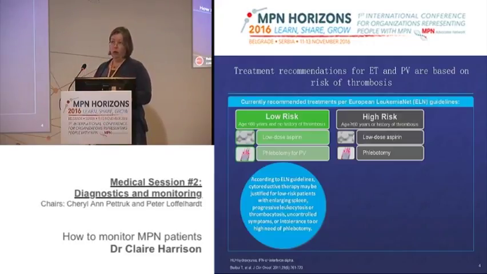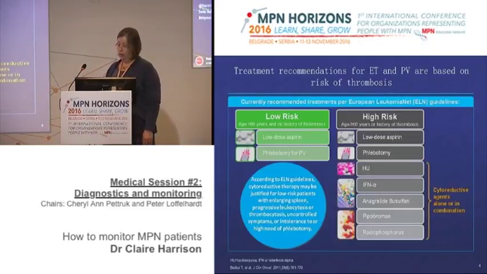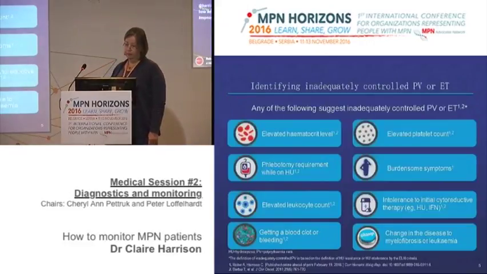Intolerance to or high need of phlebotomy, or, for example, an event. And then these are the kind of drugs that we're thinking about using in standard practice. I realise that JAK inhibitors are available variably across our countries, but it's still probably not standard practice, at least not in the first line for management of these conditions.